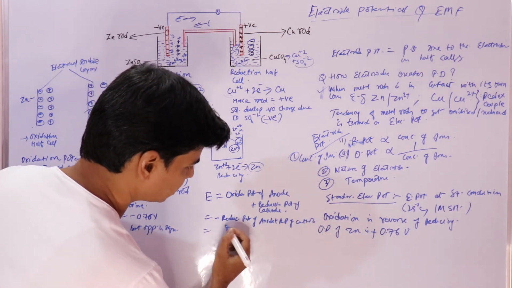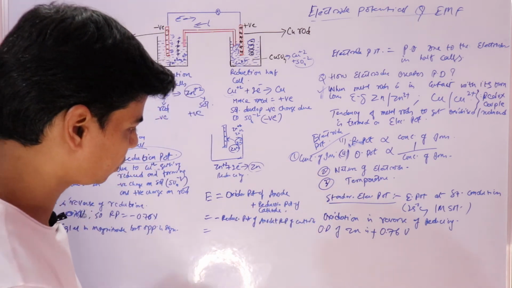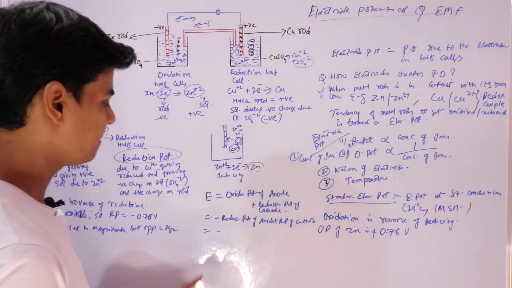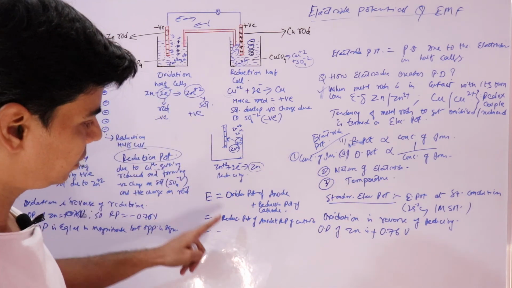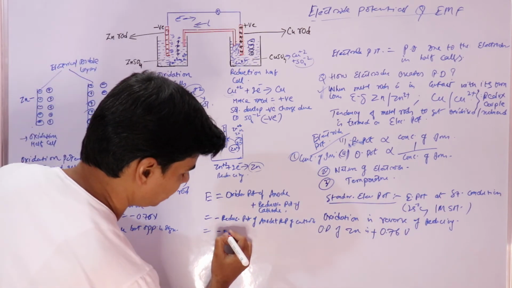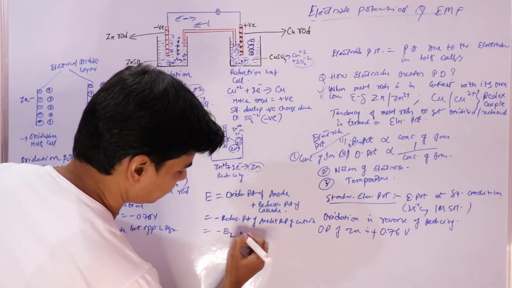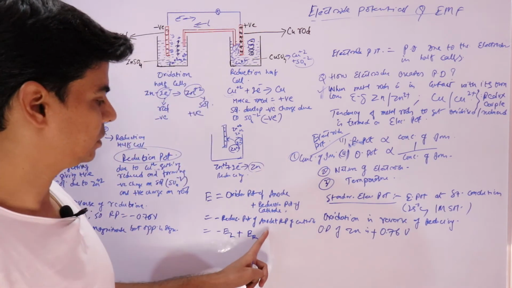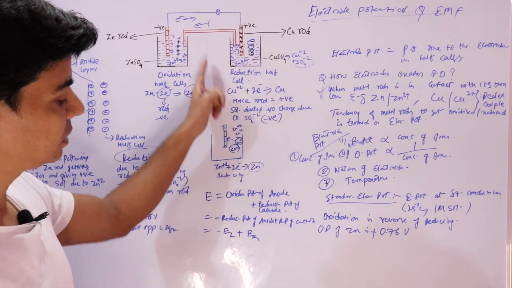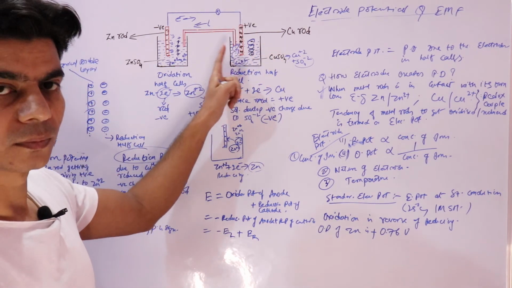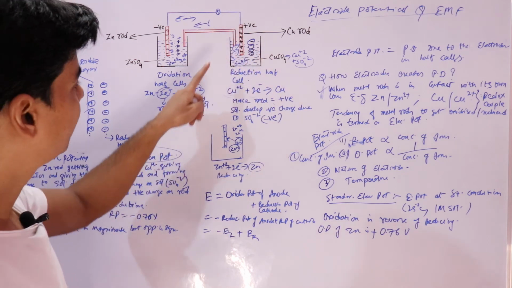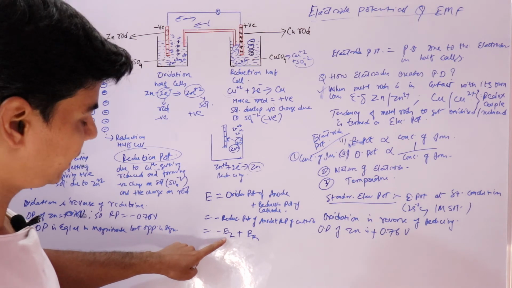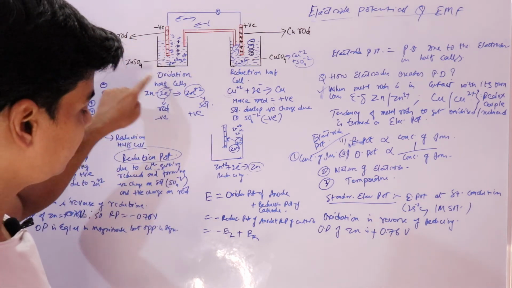Reduction potential of anode is the half cell on the left, and reduction potential of cathode is the half cell on the right.